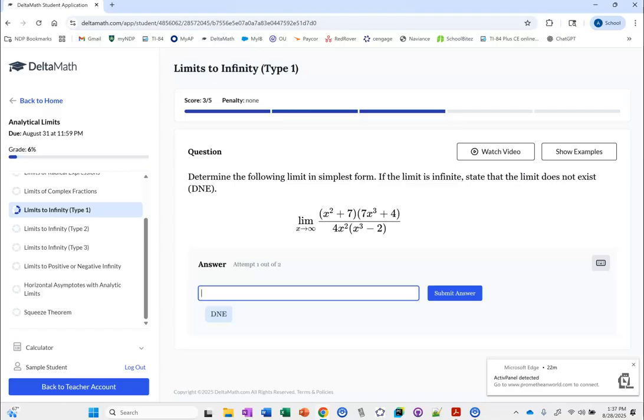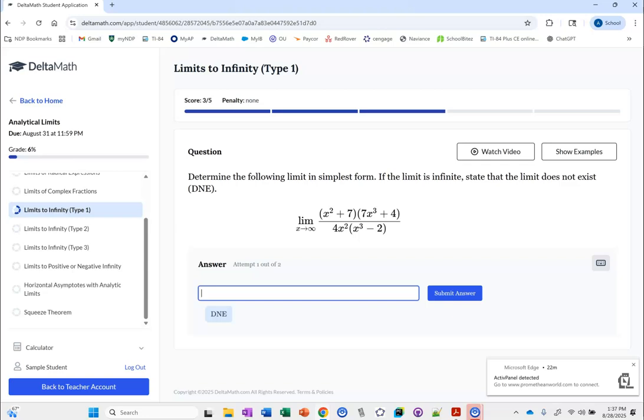Eventually, we're going to define an infinite limit and start talking about those. I would just as soon do it straight away because it's not that big of a stretch. Why get used to writing does not exist and then say, oh, now we're not going to do that anymore, we're going to say positive or negative infinity. Here, I think that's probably what they want you to do, Brooks.